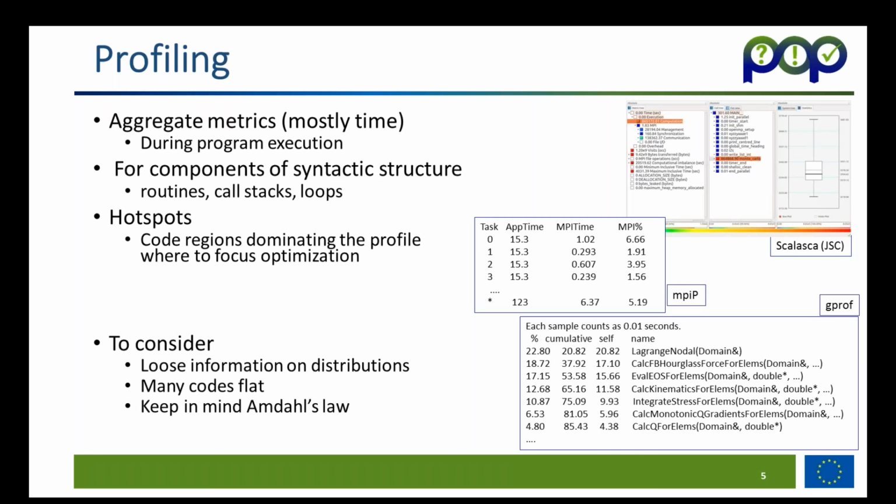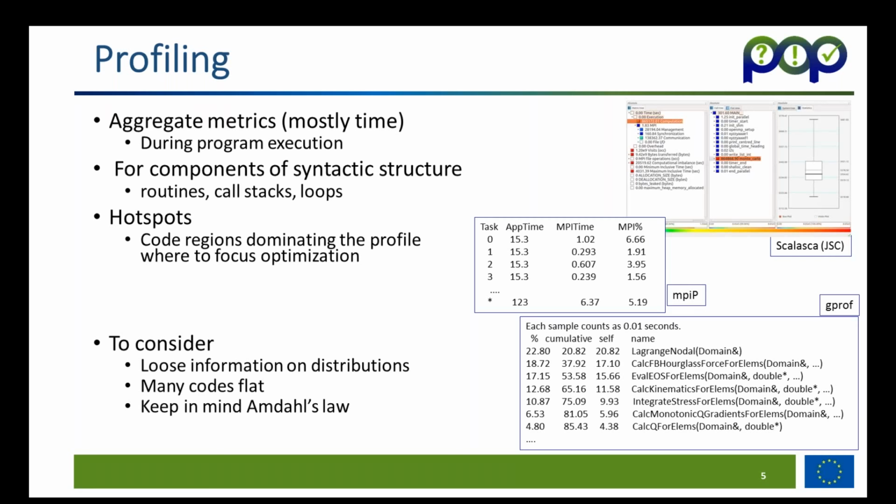But in reality, this just identifies regions that are more relevant in the actual behavior of our program and where we think we should focus our analysis. Whether this is presented by graphical tools like Scalasca, or profiles that focus, even if textually, more on the MPI behavior or on the generic sample behavior of functions.